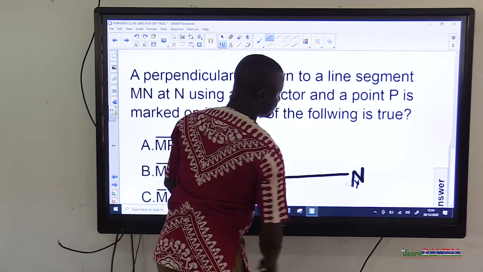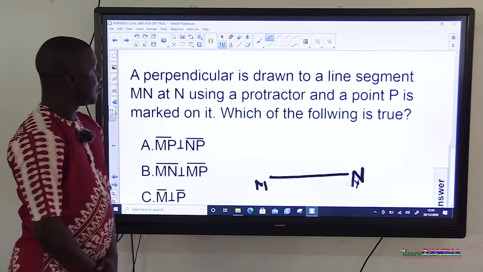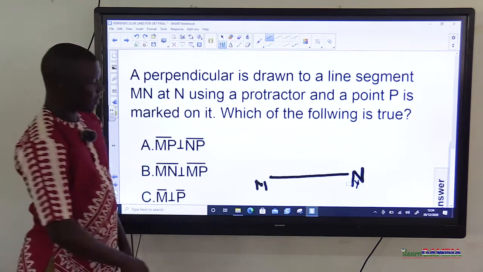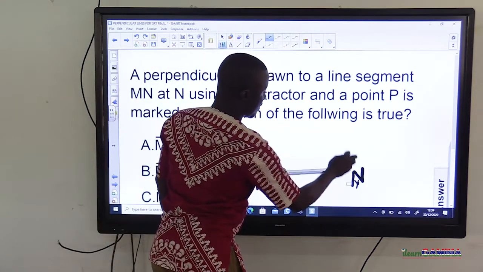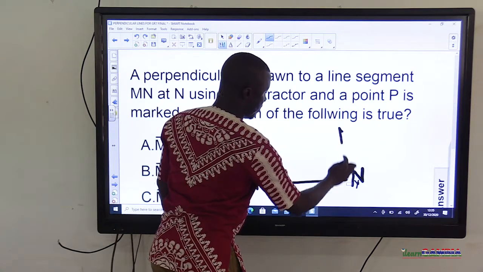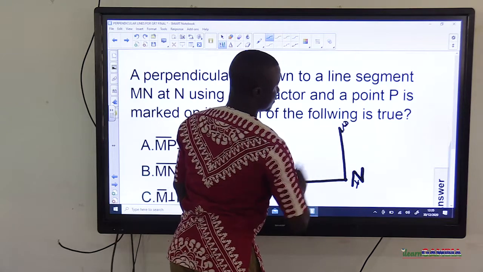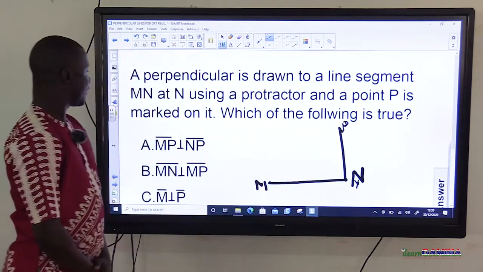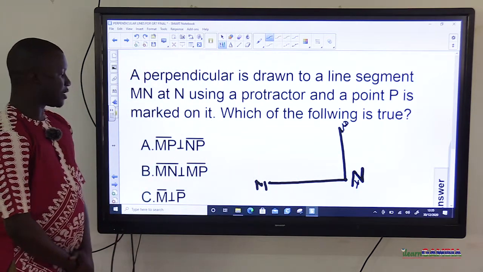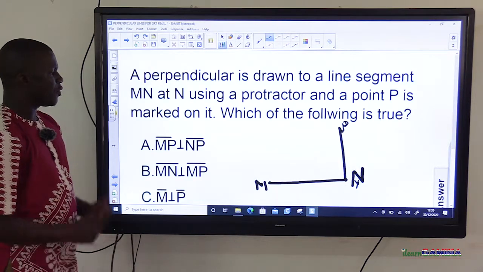Okay? And there's another line perpendicular to this, and we call this P. Which of the following is true?